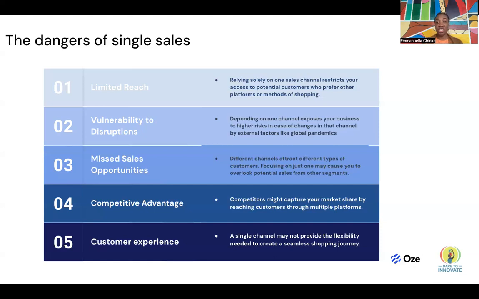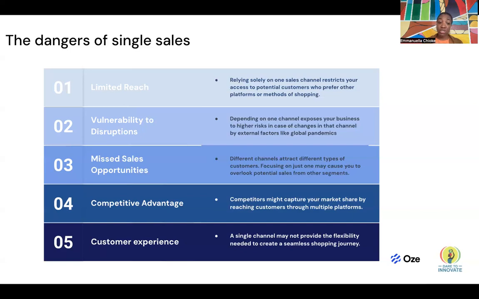And because of the effect of these external factors of the global pandemic, you aren't able to have as many people come into your store as you would like, or as you previously had. And so if you don't have the comfort of a second sales channel, you leave your business completely vulnerable to face the full brunt of this challenge, of this external factor. And these are the kind of things that could completely cripple a business.